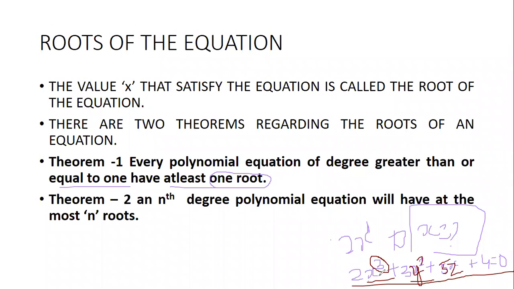Now here I have x, y, z. There are 3 roots that I am supposed to find out. So an nth degree polynomial equation will have at most, they are talking about maximum, n roots.